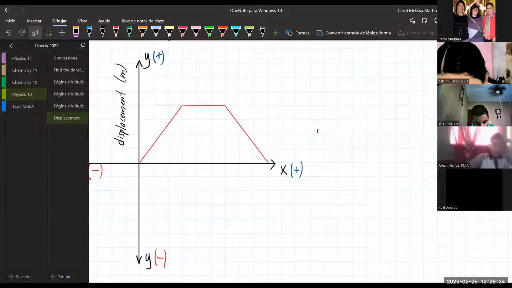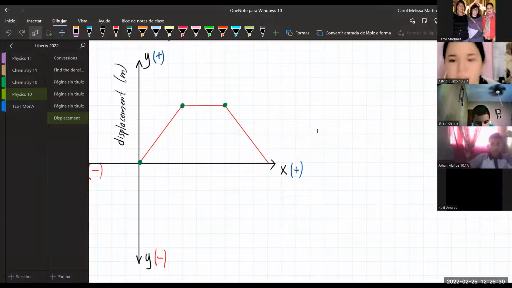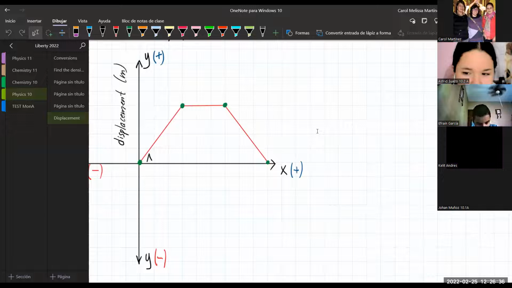Now, in this last part of the class, I want us to practice the last part that I explained to you in the video. I'm going to call these my points A, B, C, and D. And we're going to talk about this slope.